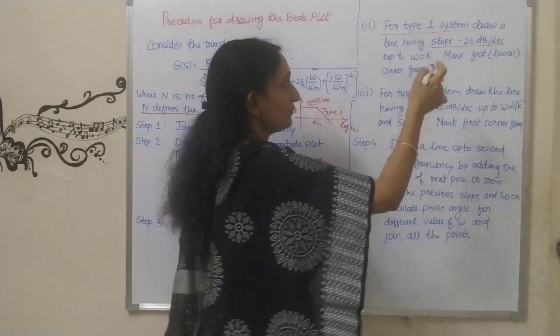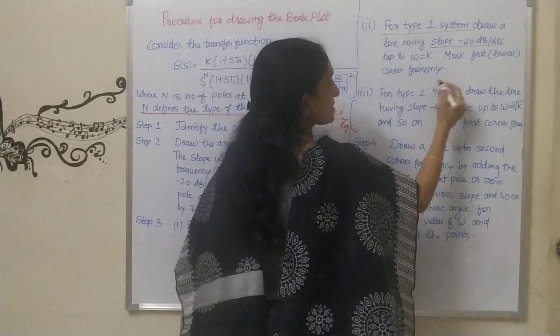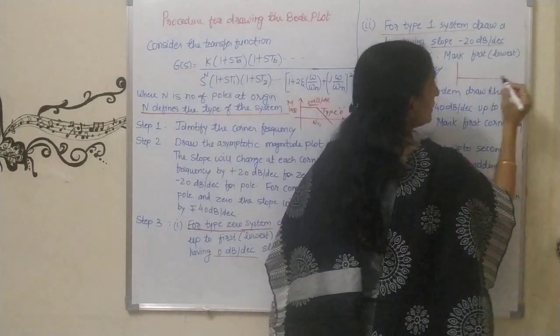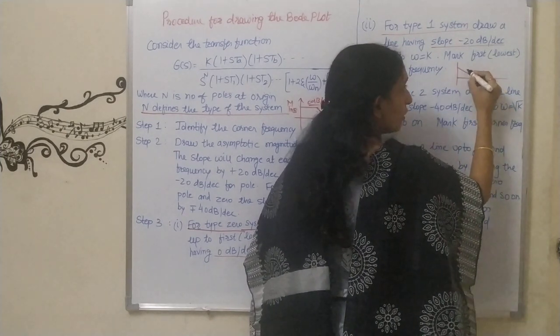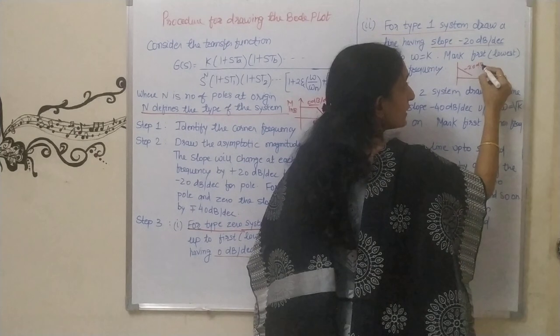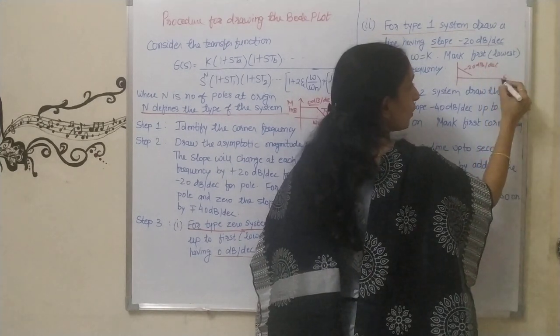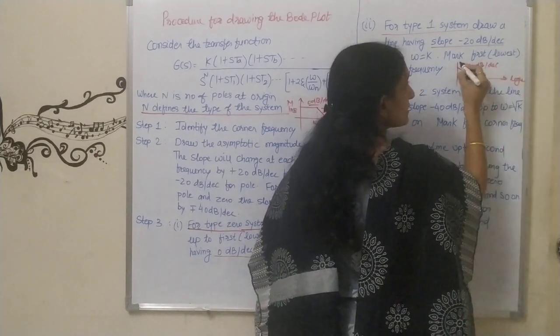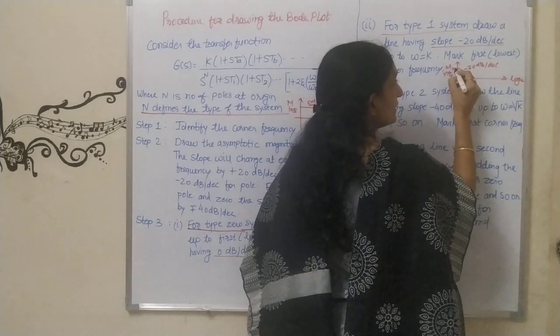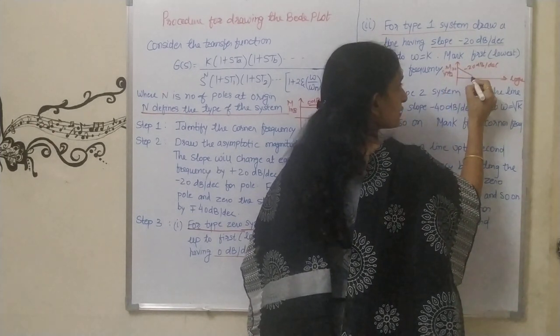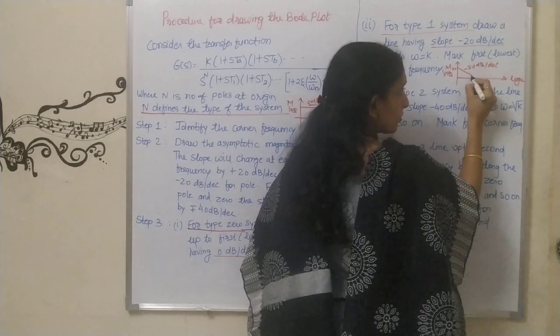But in short, for type 1 systems, when I draw the magnitude plot, my first line slope will always be minus 20 dB per decade. Look at this, this is log omega, and this is magnitude M in dB. So this line is 20, and it may change at this corner frequency.